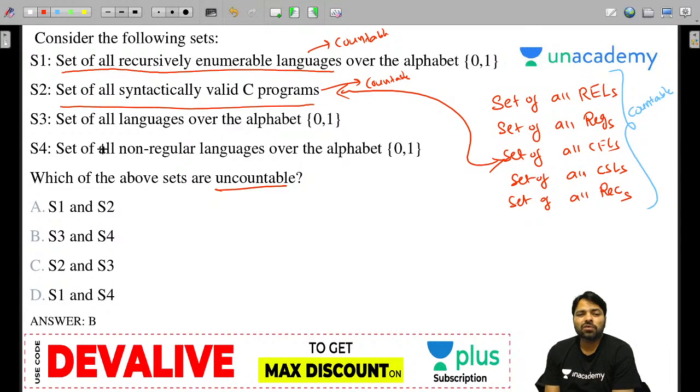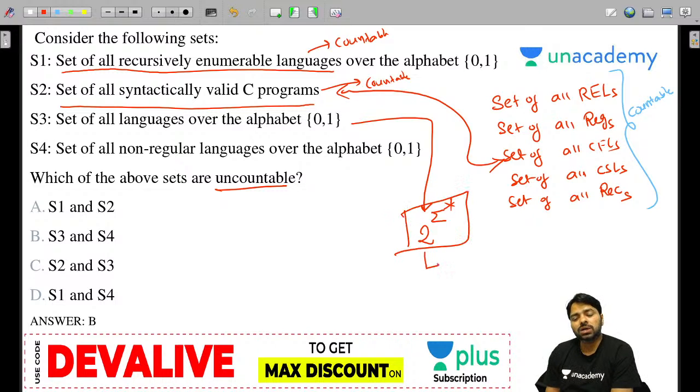The set of all languages over sigma, where sigma is {0, 1}, is the power set of sigma star, 2 power sigma star, and it is uncountable. Many times it was a GATE question, guys.